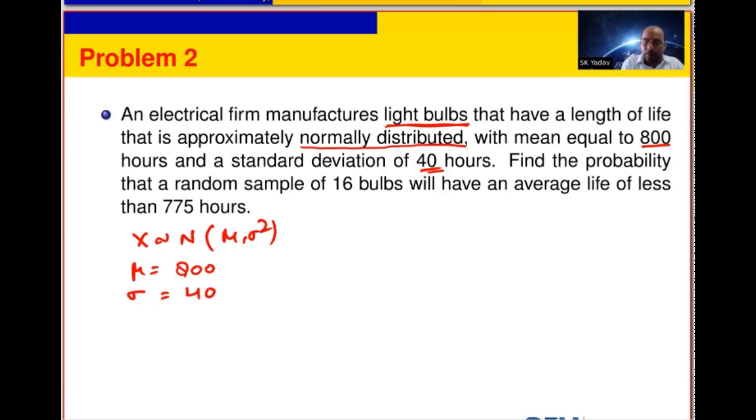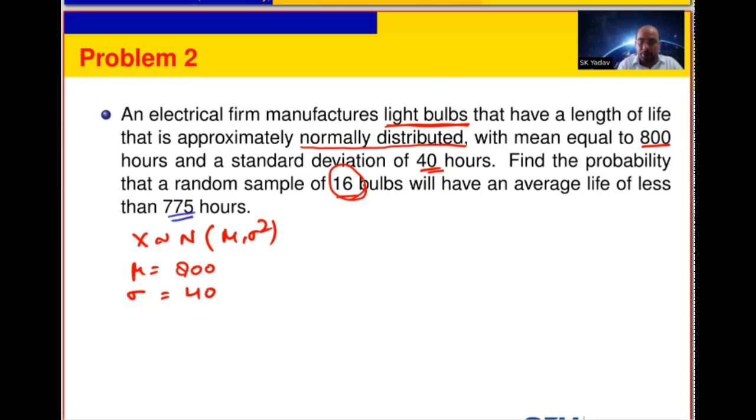Now find the probability that a random sample of 16 bulbs will have an average life of less than 775 hours. Remember that 16 is not a large sample, but here the population is normally distributed, so we can apply the central limit theorem.